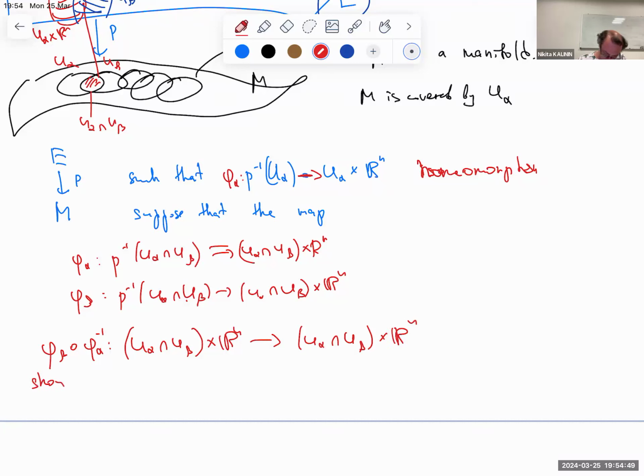Should be, well is, linear in each fiber.